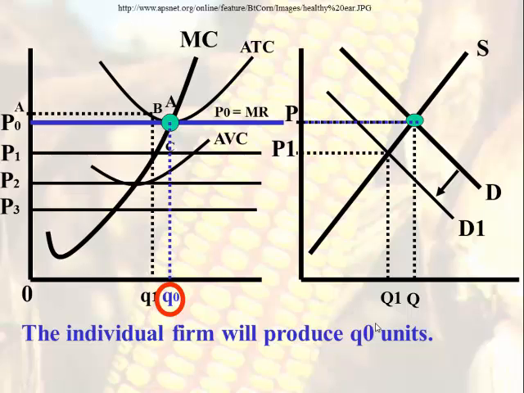What is the area now of total costs? The area of total cost is figured by, if you know the average total cost right here at point A, then you will know the total.